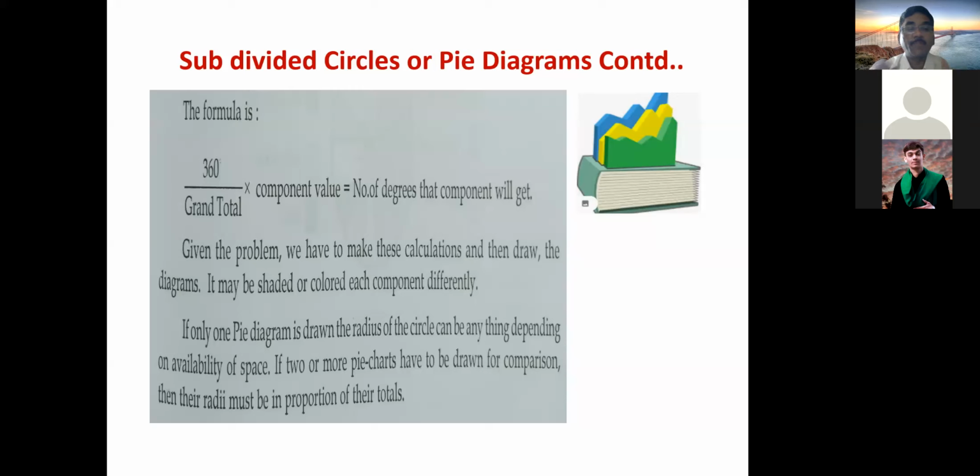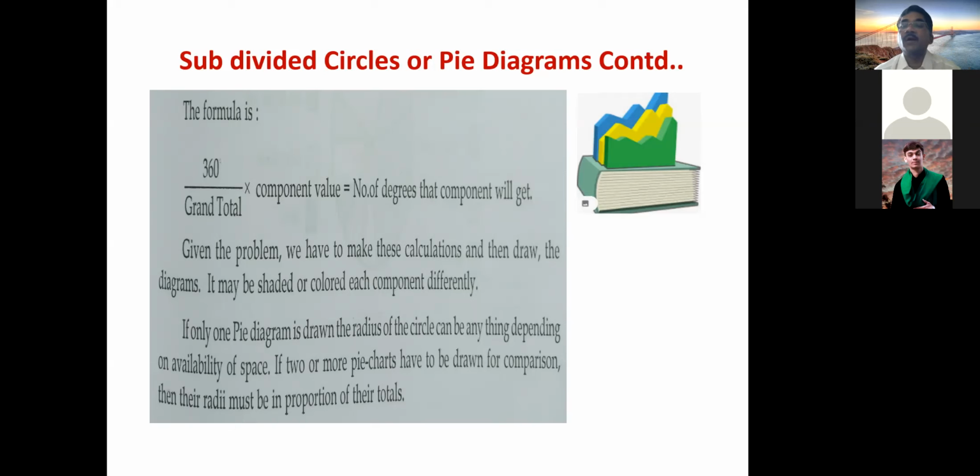If only one pie diagram is drawn, the radius of the circle can be anything depending on availability of the space. That's what I'm telling you. If you want to show more components, more variables in one diagram, for example 10, 15, the size of the pie chart must be bigger. Why should we increase the size?